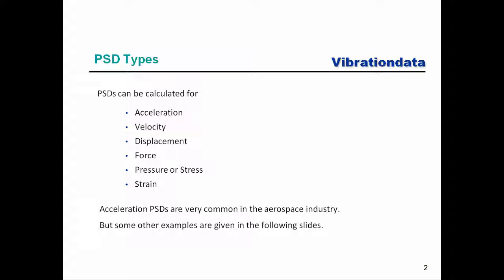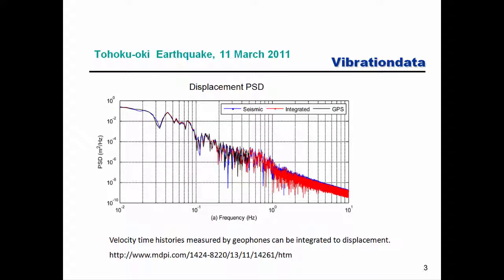And acceleration PSDs are the most common type in the aerospace industry, particularly as we derive component test levels. But there are different situations where we would use other types of power spectral densities as well.